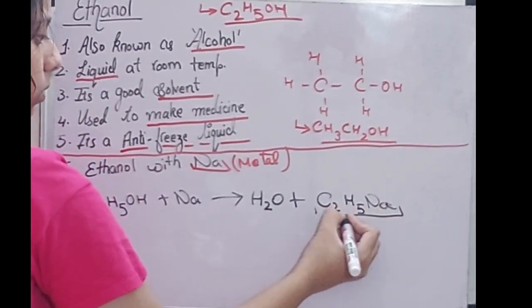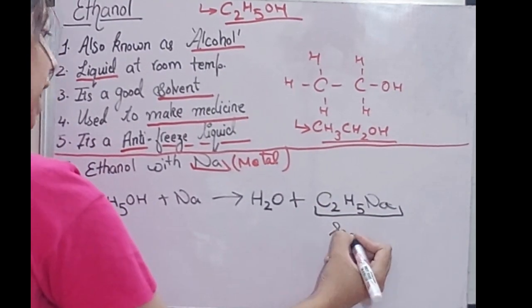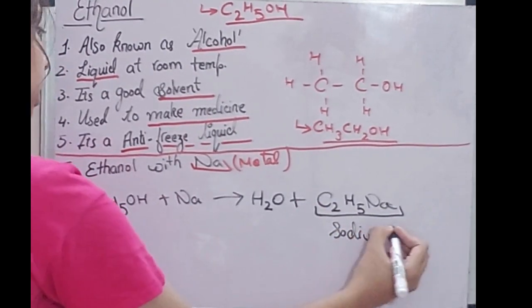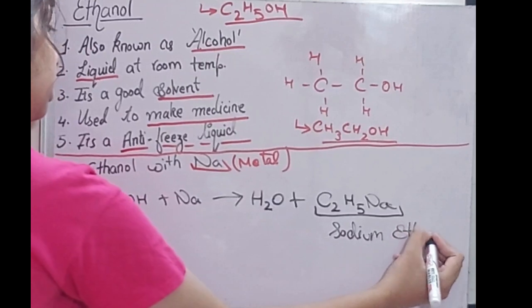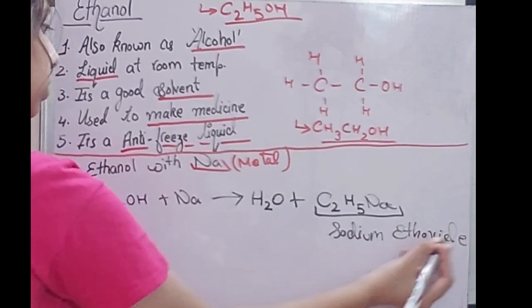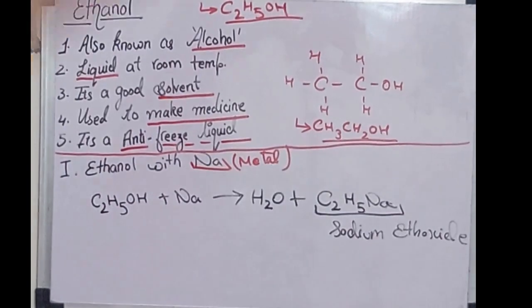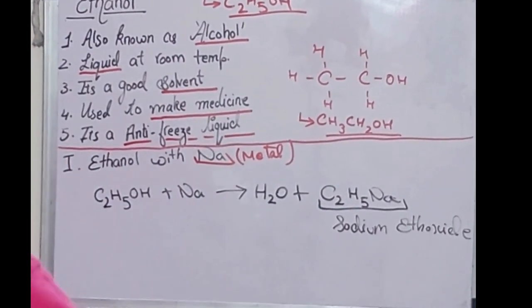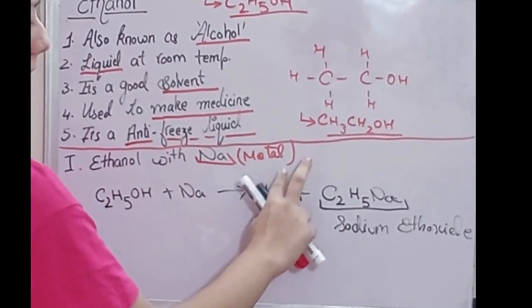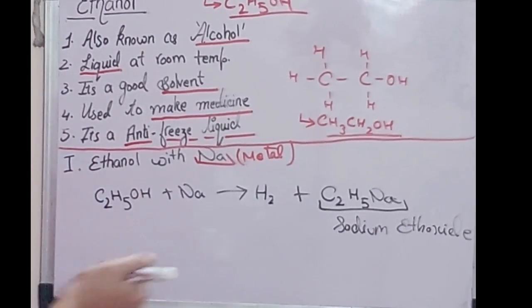This compound is known as sodium ethoxide. It seems something is mistaken here. Let me just check. Okay. There is a very big mistake. It is not water, it is hydrogen only.